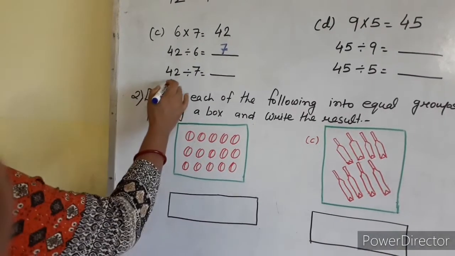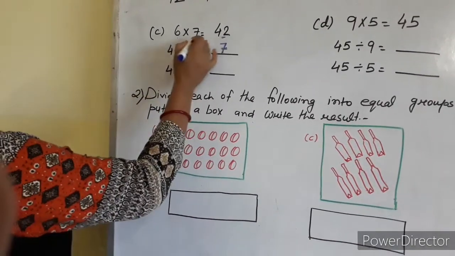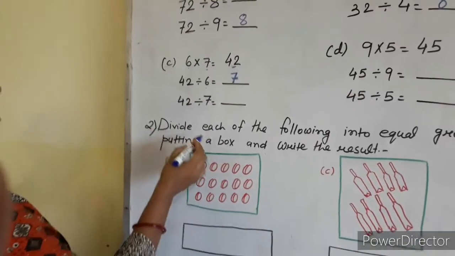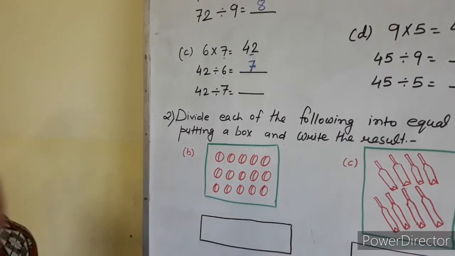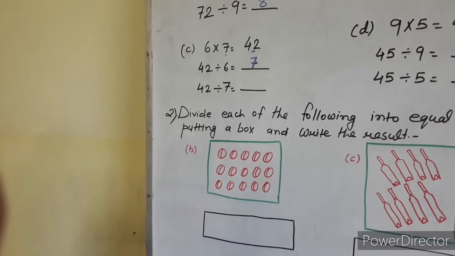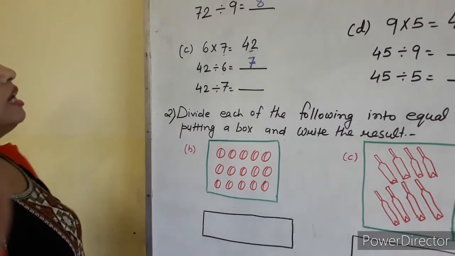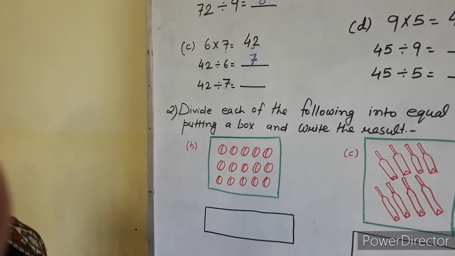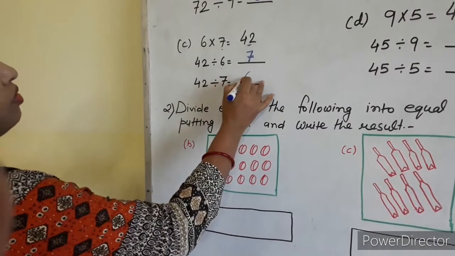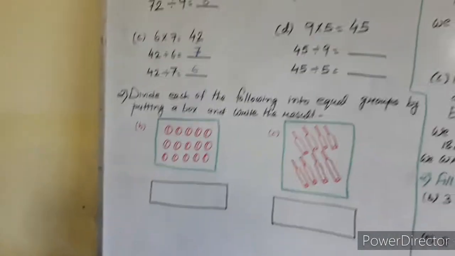Then 42 divided by 7: 7 1s are 7, 7 2s are 14, 7 3s are 21, 7 4s are 28, 7 5s are 35, 7 6s are 42. So here 7 6s are 42. Like this way you have to do.